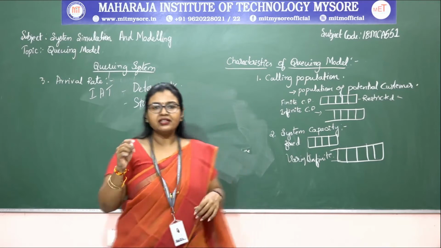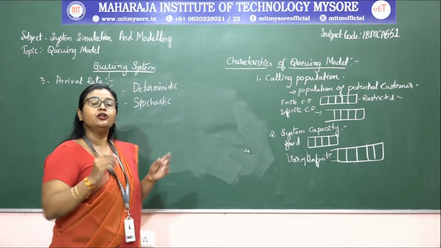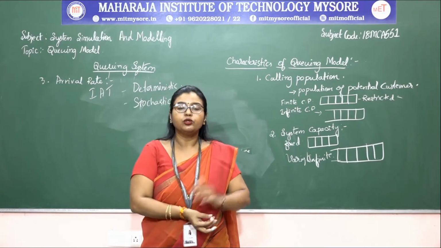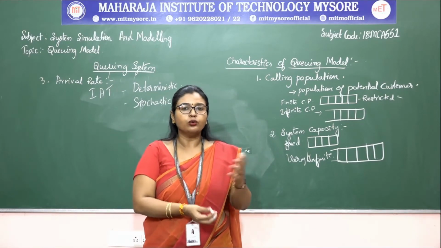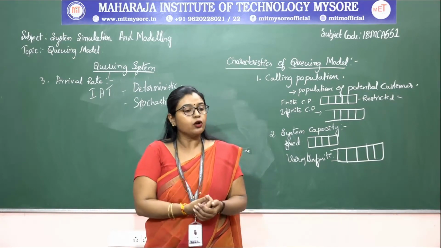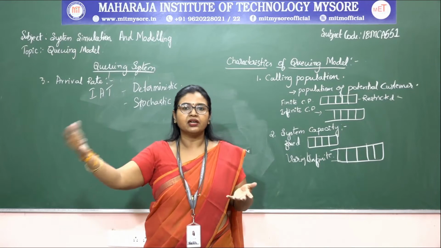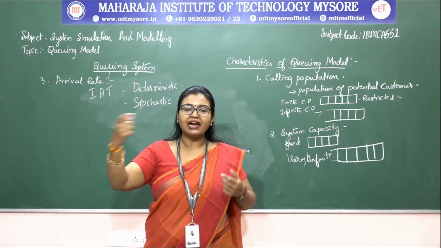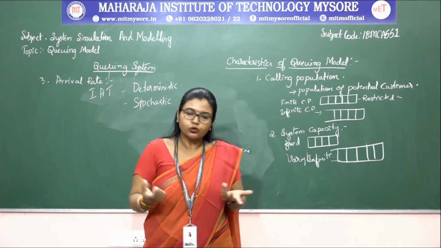So in the stochastic system, so here we don't know at what time the customer is coming into the system to take the services. So we don't know at what time the machine may get failure, right? So and also we don't know at what time the customer is coming into the bank. We don't know. So at what time the demand is coming into the inventory, that is also we don't know.